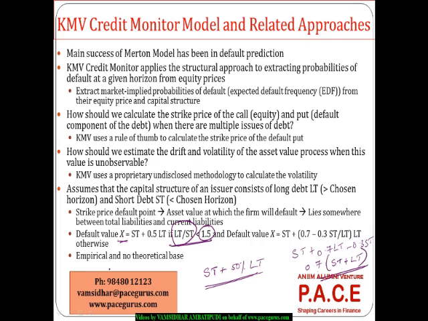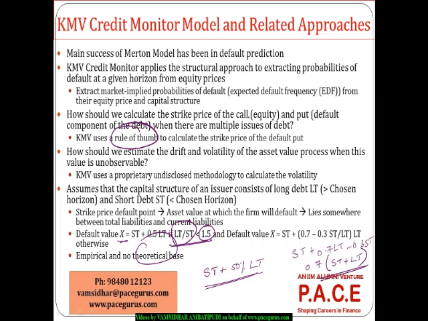Whereas if the LT to ST ratio is greater than 1.5, they have specified it as 70% of the total. Again, there is no theoretical base to it. It's purely empirical in nature. So they have used some kind of a rule of thumb to compute the strike price of the default at the default point.